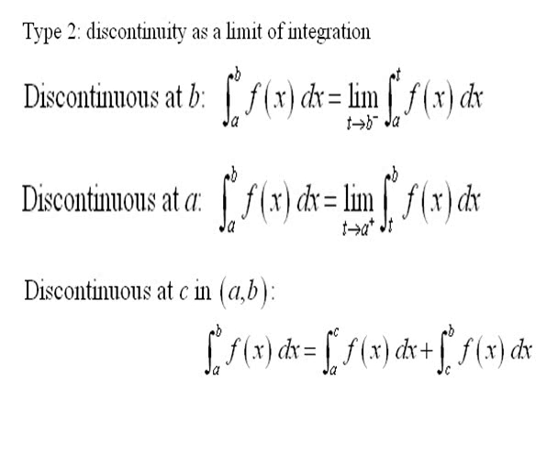When the discontinuity is at a lower limit, replace the lower limit with a variable and then find the limit as the variable approaches that lower limit from above. Then when the discontinuity occurs somewhere between the limits of integration, split the integral into the sum of two integrals. This separation should occur at the discontinuity, and then find the sum of these two limits.